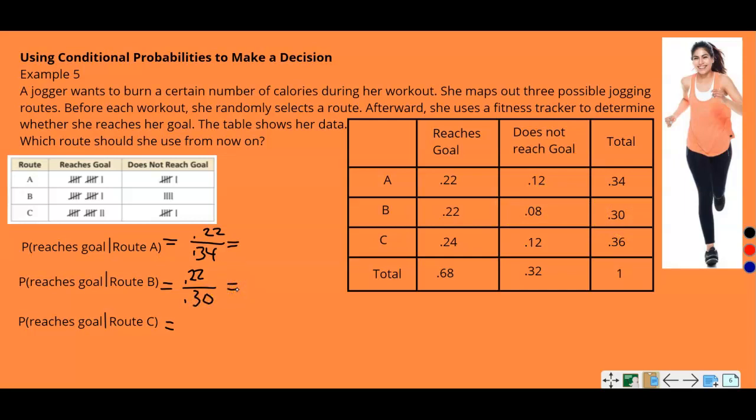All right, let's look at our numbers for route C. We already know that this column is reaches our goals, and this bottom one now is reaches our goals and route C. So 0.24. And then all the time that she runs on route C is 0.36.